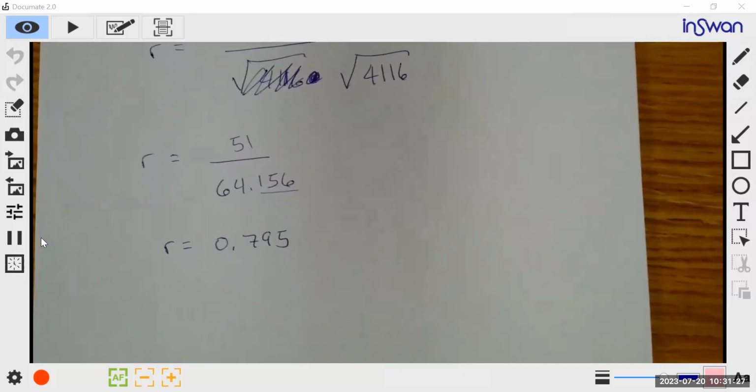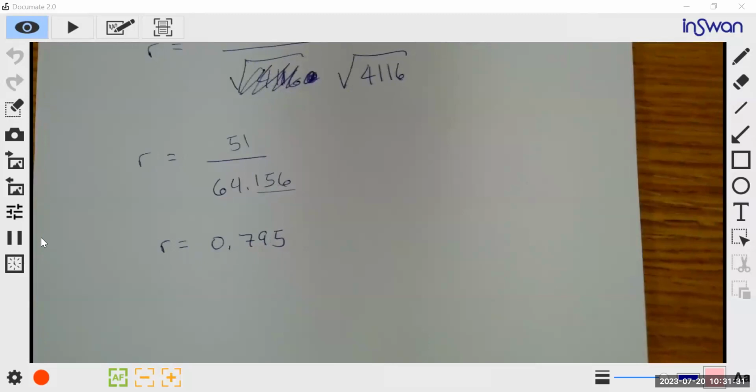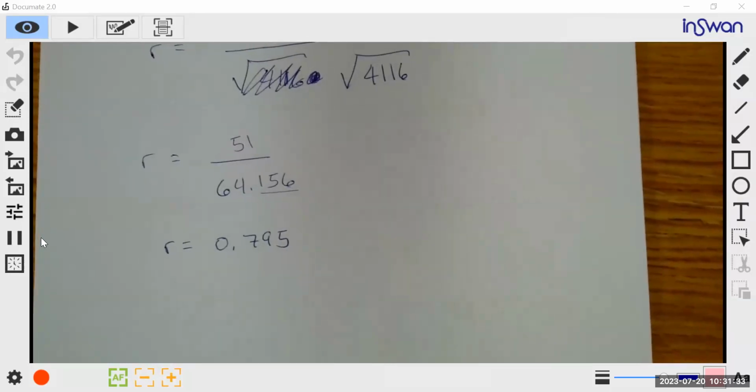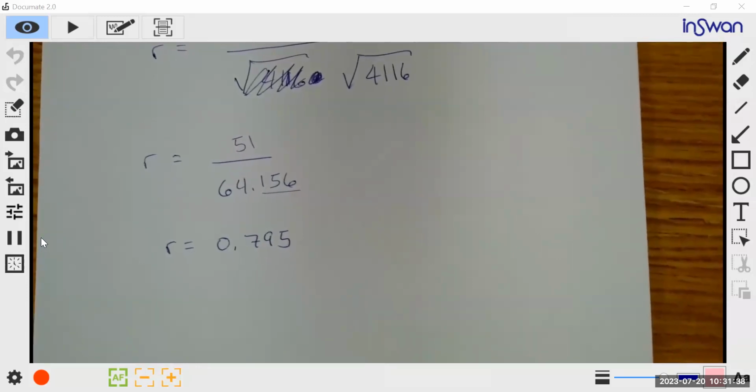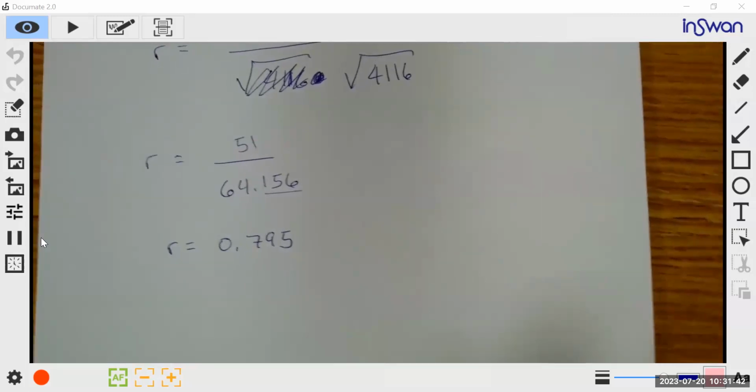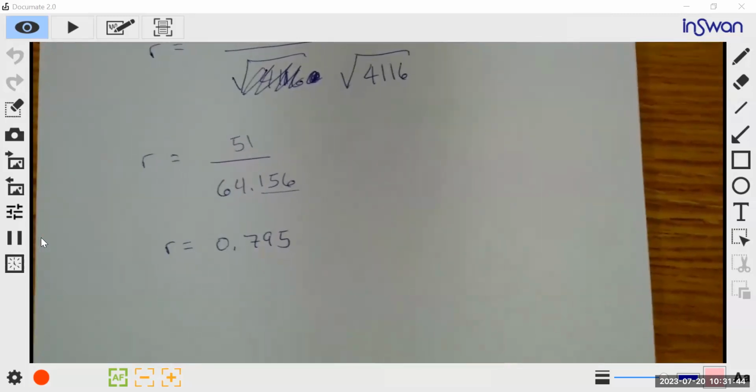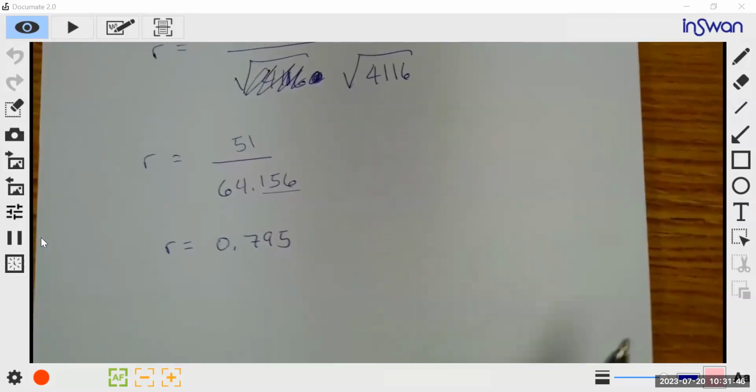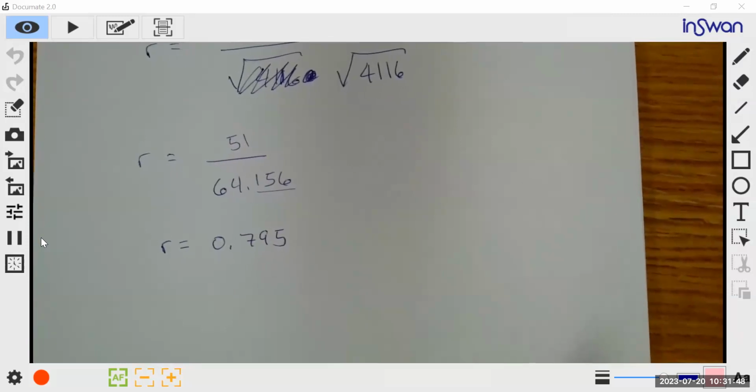So that's one way of doing it. Complex? Not really. All it is is multiplying and adding. It's time consuming. Up to 20 pieces of data is okay because you can add that many and use a calculator. Anything more than 20 pieces of data, if it's not intervals, then you're okay.